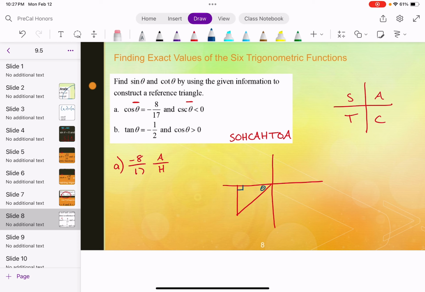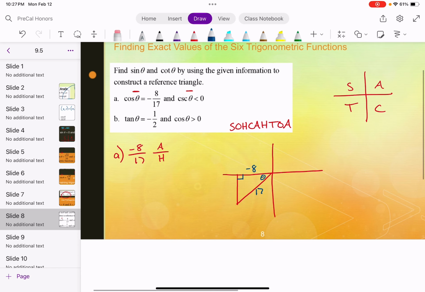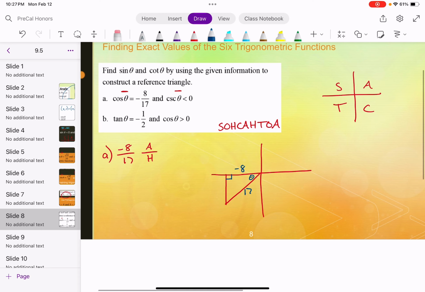Now the adjacent is -8. And 17 is our hypotenuse. We need to go ahead and find our y. Now in this case, in order for us to do that, we're going to go ahead and plug in our value into our remaining equation.